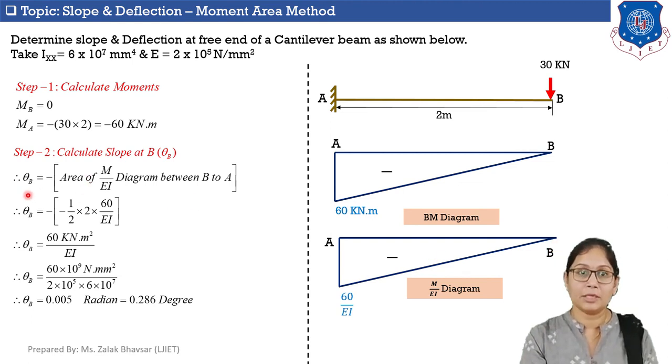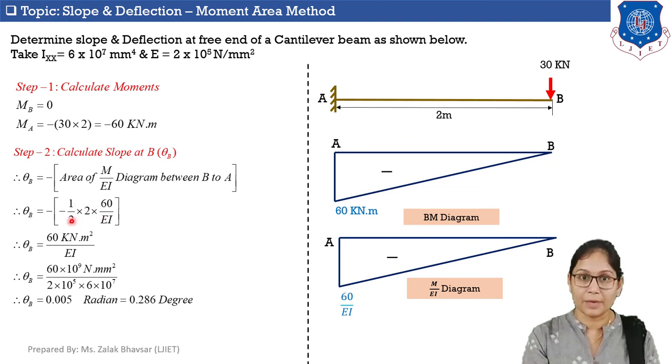So, the equation for theta B is equal to minus the area of the M upon EI diagram between point B and A. Here, the area between point A to B is the area of this triangle, and we know that the area of a triangle is 1/2 BH. So it is 1/2, the base of the triangle is 2 meter and the height is 60 upon EI. So theta B is 60 kilonewton into meter square upon EI.